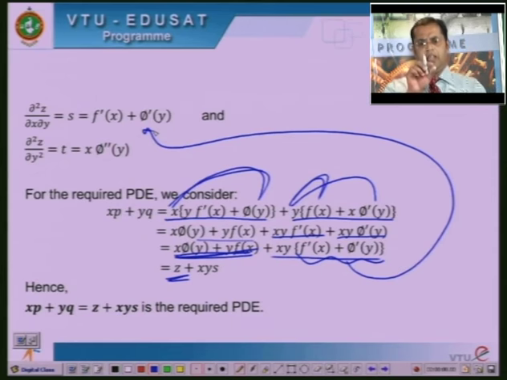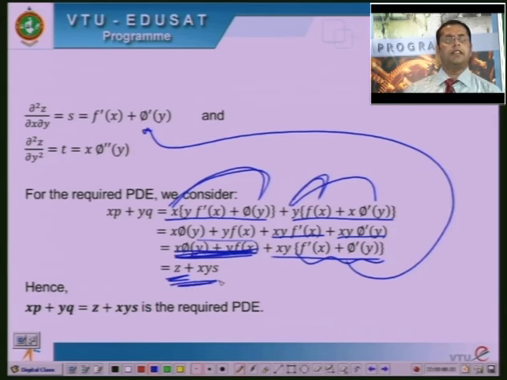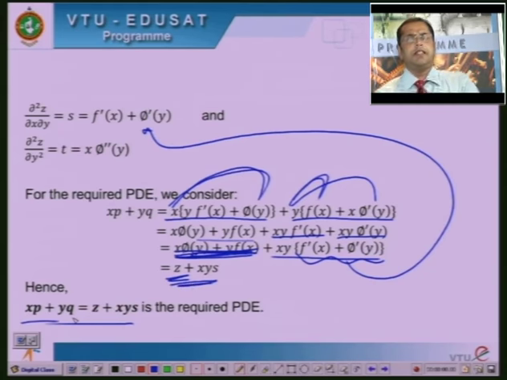So, replace that by s, the first term marked here is the given z. So finally, you get x p plus y q equal to z plus x into y into s, which is the required PDE.